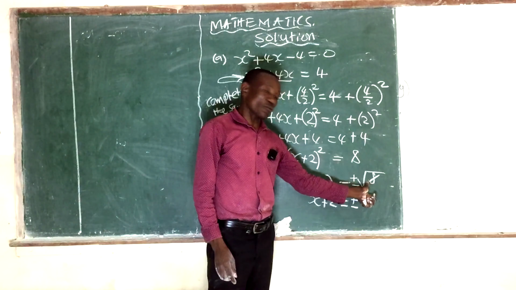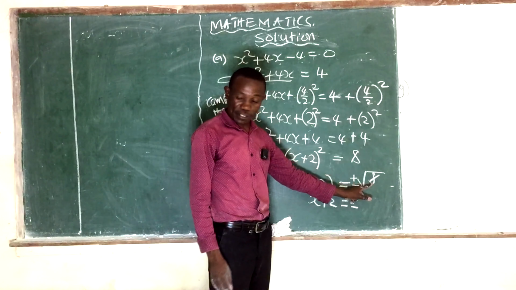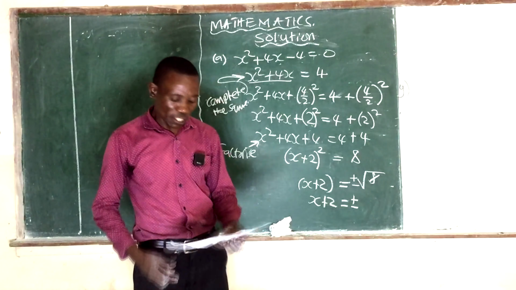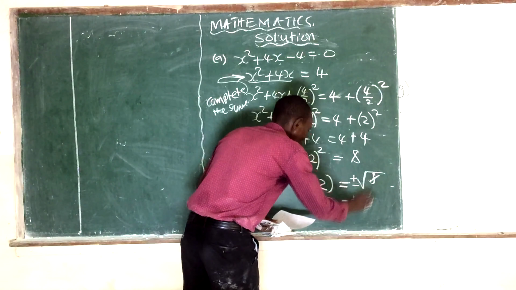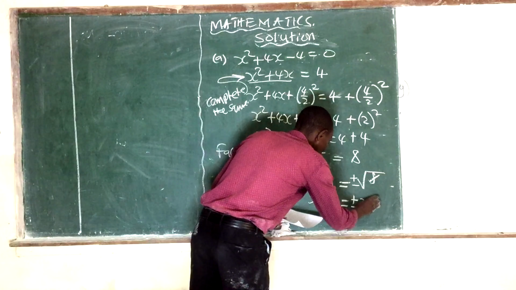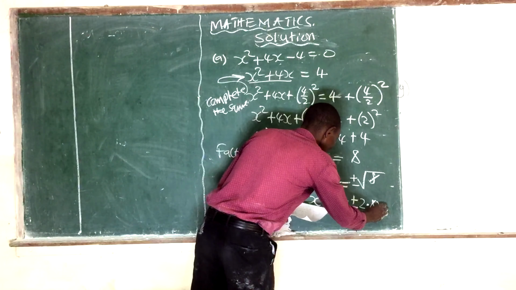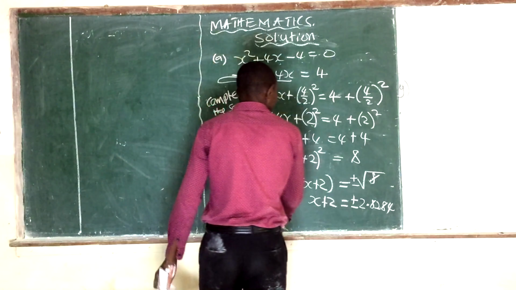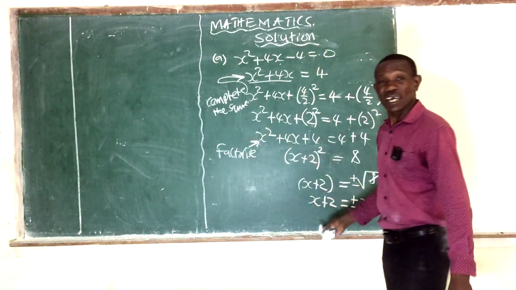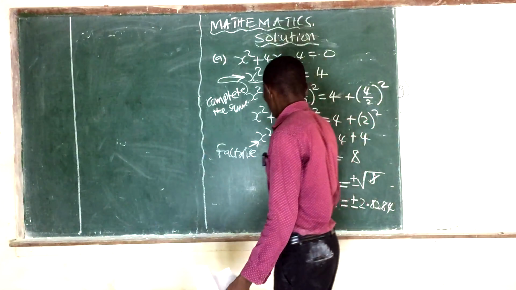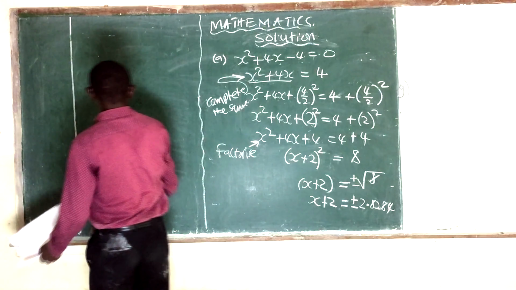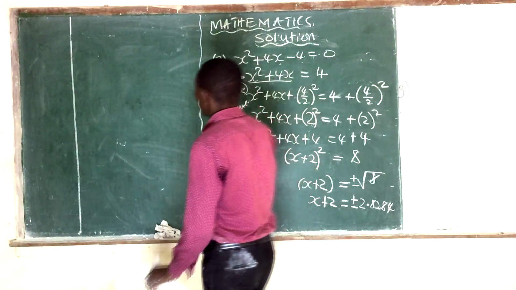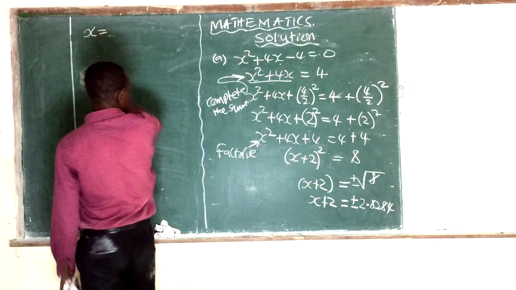You go straight, by use of the calculator, you take the square root of 8. In this case, according to my scribbling, the square root of 8 is 2.8284. So you go by that. Now next, what do you do? Like terms together. So you have the 2 being transposed to the right hand side, where you shall have x is equal to.